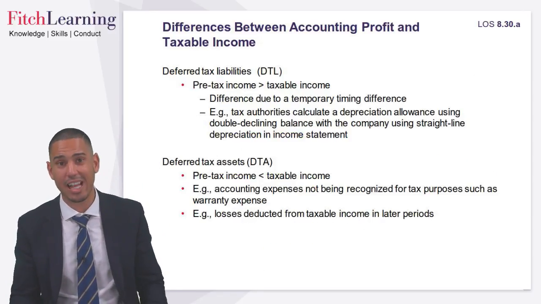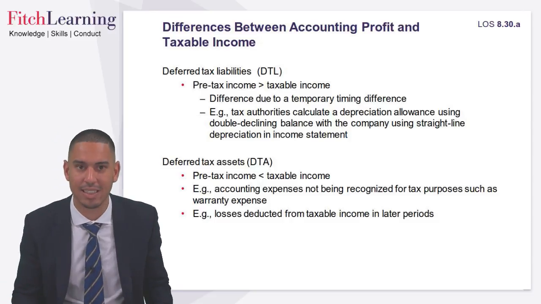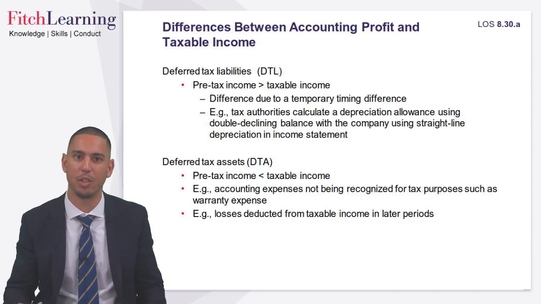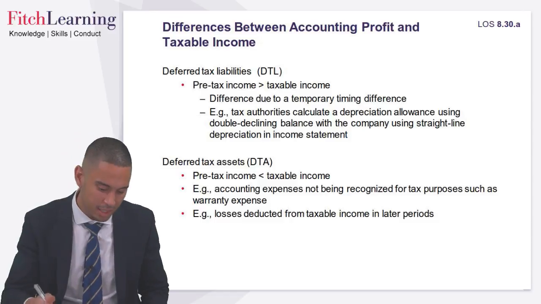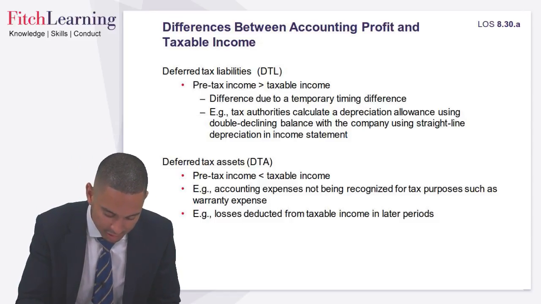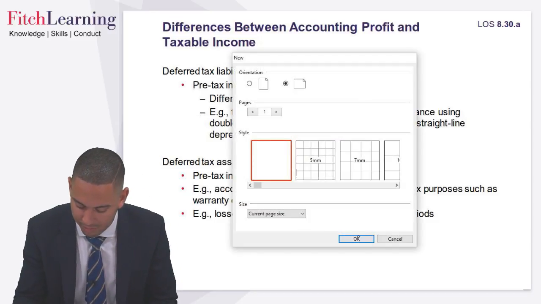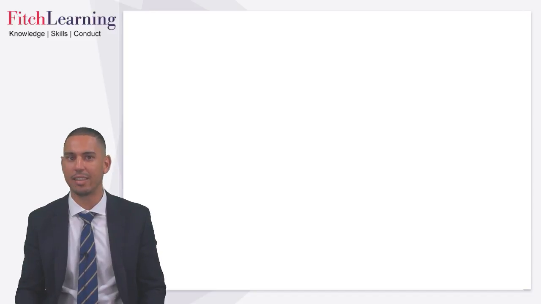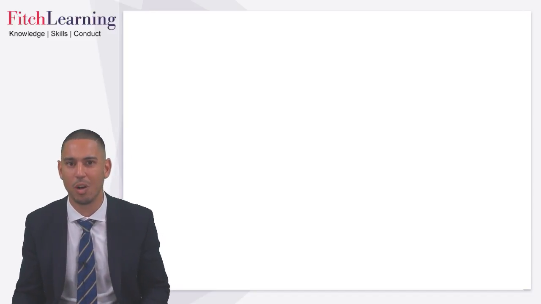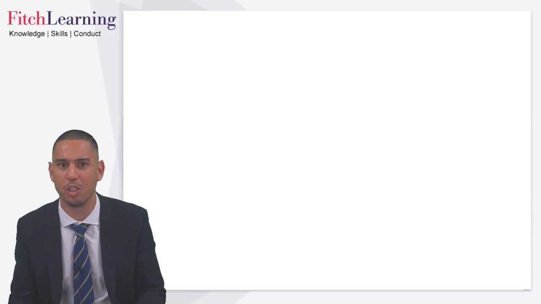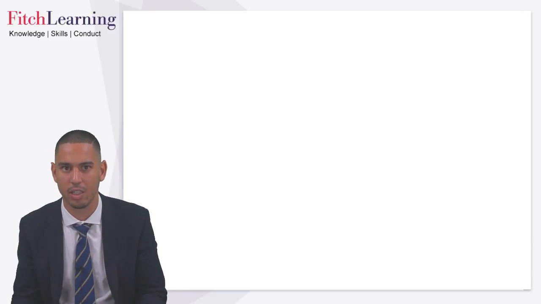So, we're going to get into deferred tax assets and liabilities. Let's get stuck into the pro forma that you should be using on any deferred tax question. And you always set this up in exactly the same way. So let me just insert a blank new page here. If you've got paper in front of you, write these down. Essentially, you only need to learn it once, but I'm going to write out pretty much every single way that you can use the same pro forma.